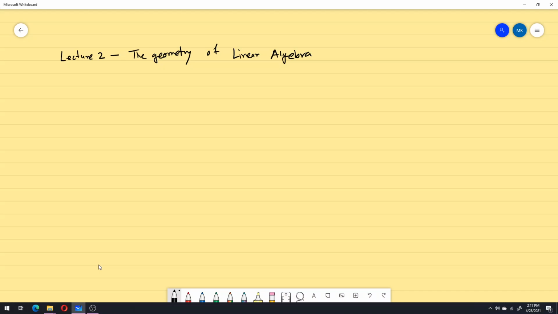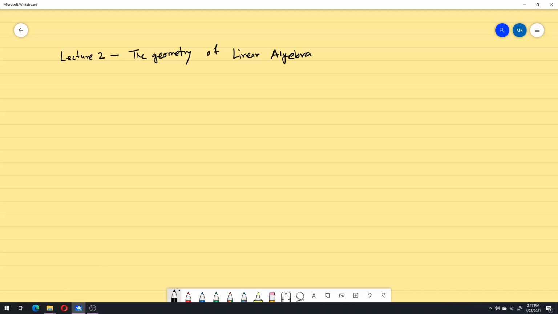It is for a better understanding of the operations that you are doing on different sorts of data, right? So you would see how we can use geometry to have a better understanding of what linear algebra does on a particular data set.